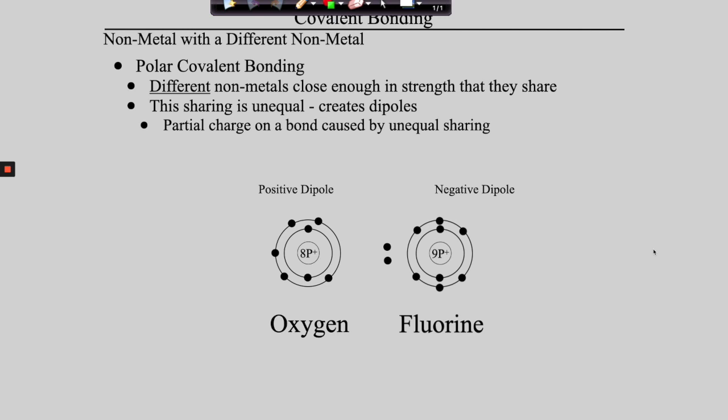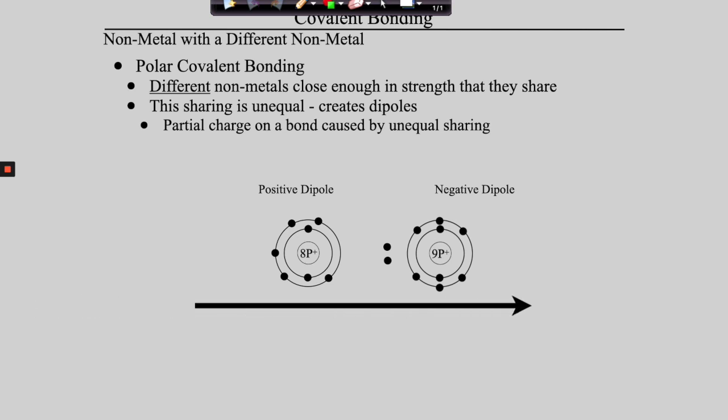So guys, how do we represent that? And the answer is this. This is a new idea. Guys, what we do is we draw an arrow. And that arrow represents the direction that these electrons are drifting. That's actually the word we use. So guys, what direction will the arrow always point? At the more electronegative atom.